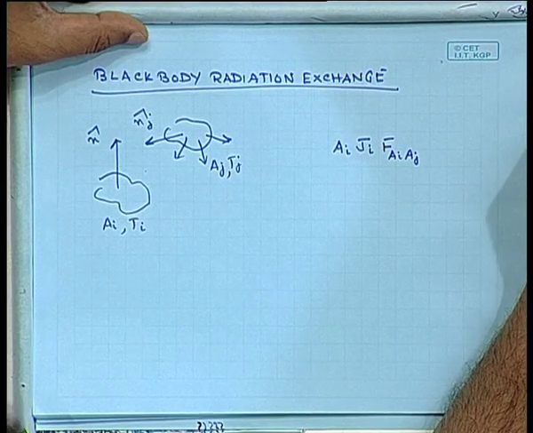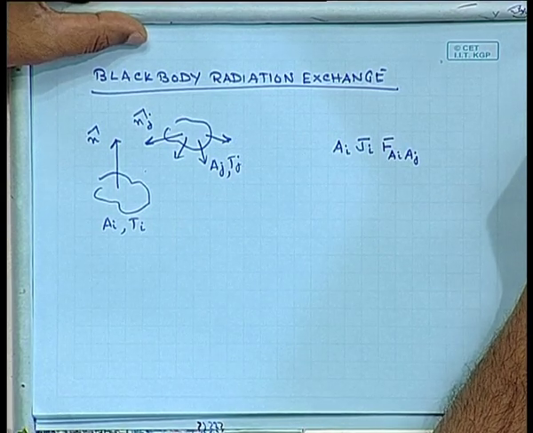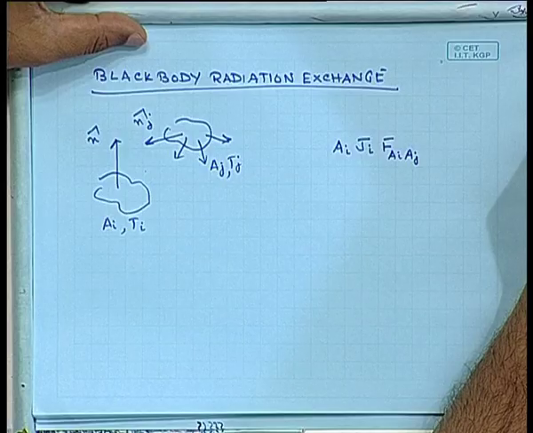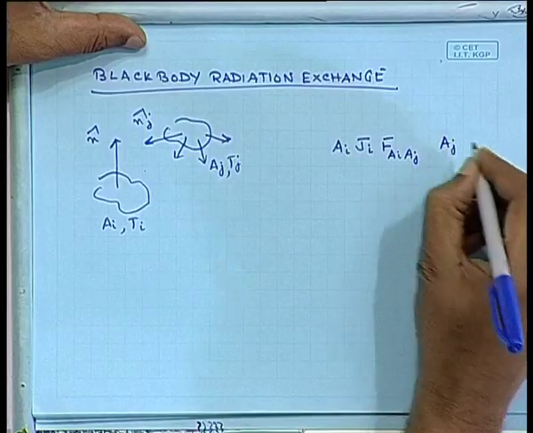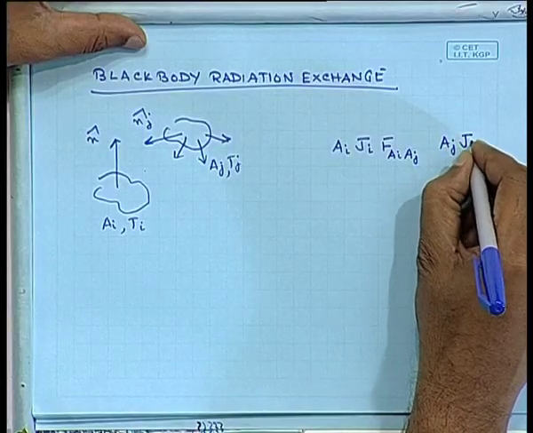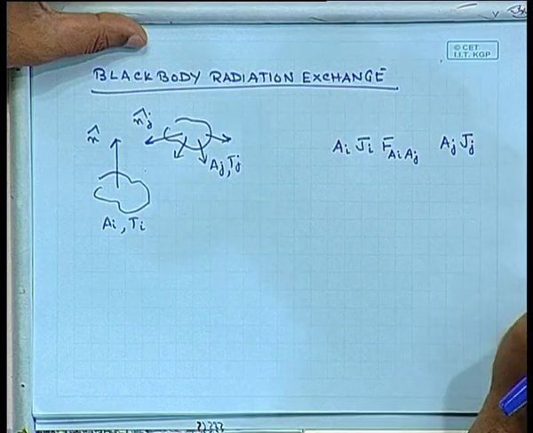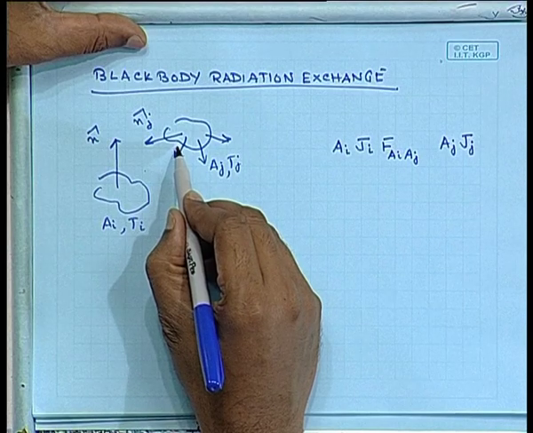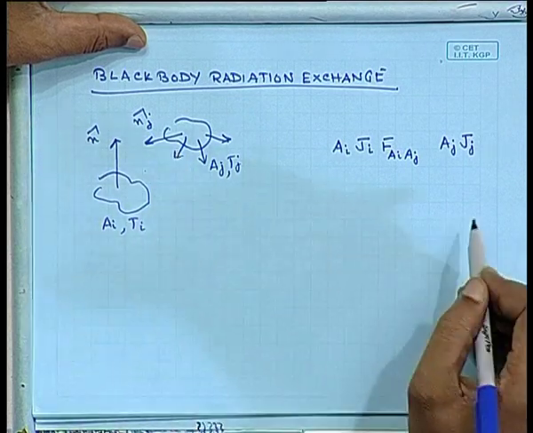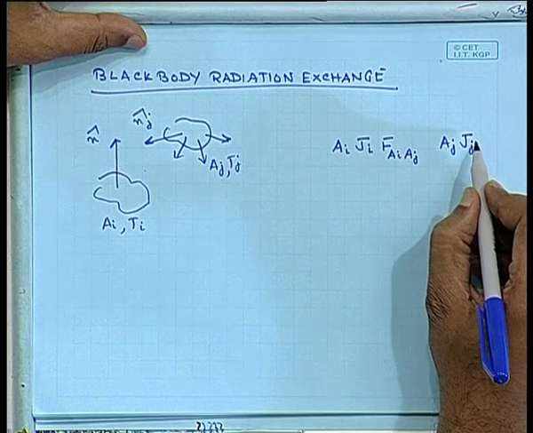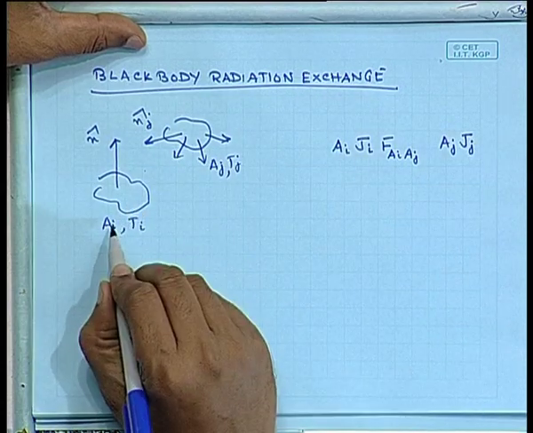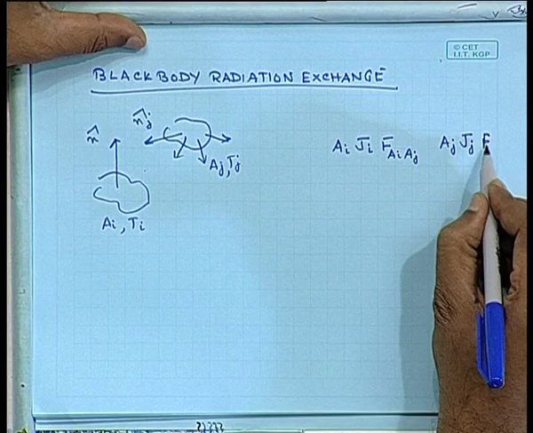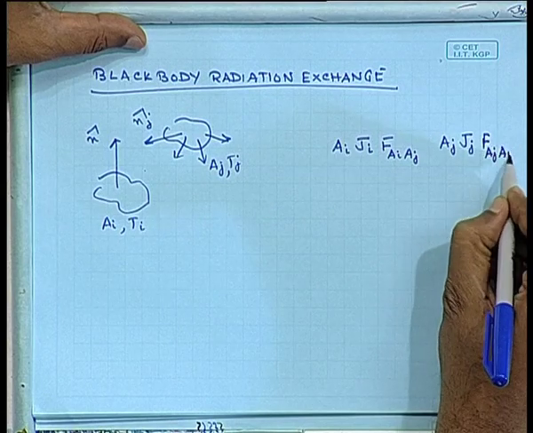Similarly, if you are standing outside surface Aj, the amount of energy that you are going to sense which is coming from surface Aj would be Aj times Jj, radiosity of j. Agreed? That is the amount of energy which you are going to sense as if it is coming out of surface Aj. Fraction of it which is going to strike surface 1, or surface Ai, directly would be F Aj to Ai.